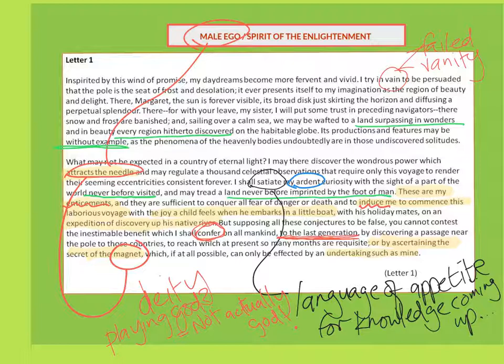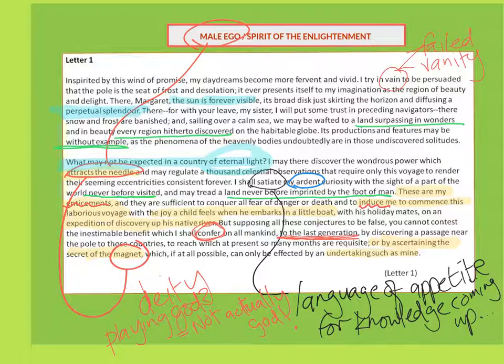Just on the Prometheus thing, please note that at the start of the second paragraph, what may not be expected in a country of eternal light, and the sun is forever visible. Its broad disk just skirting the horizon, diffusing a perpetual splendour.